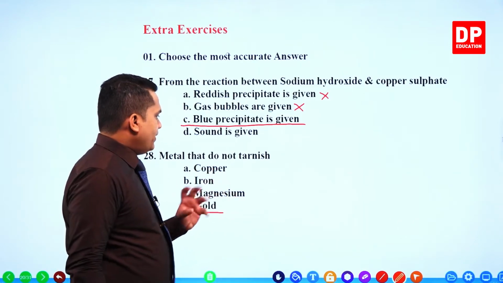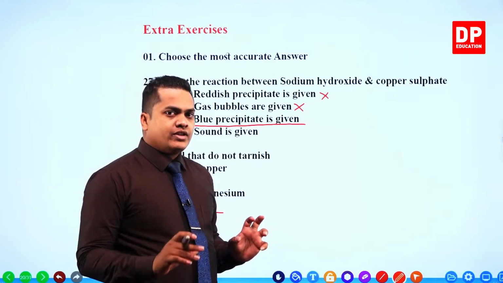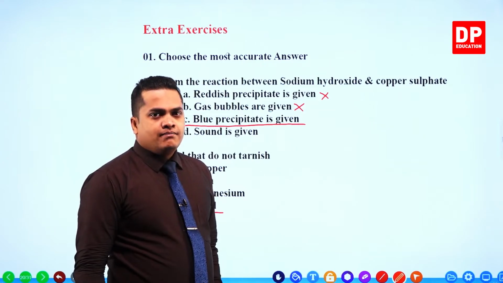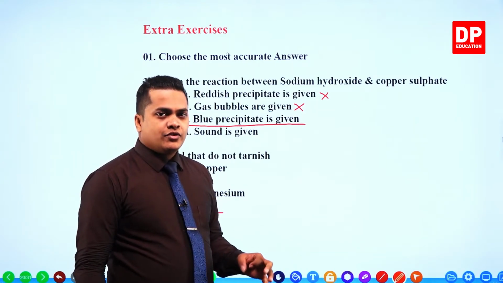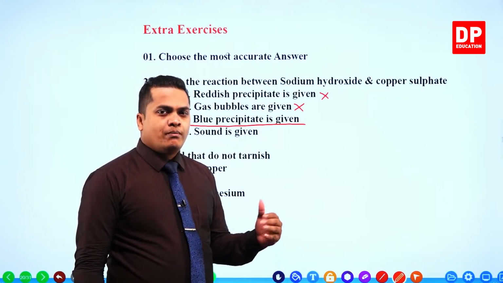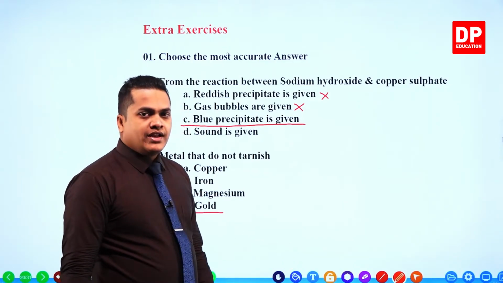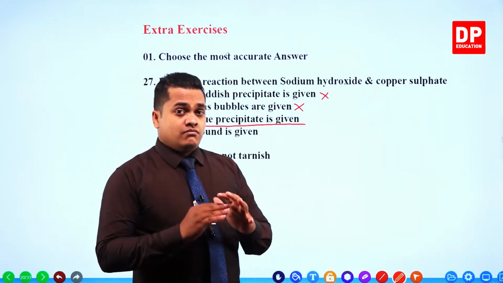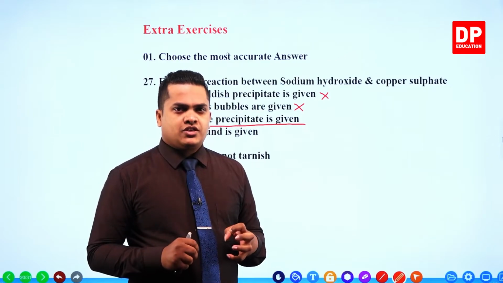If you take copper, as time passes, I told you that a green color material is going to tarnish the copper surface. So that's copper oxide. Iron, you know that iron oxide is going to form. Magnesium is going to react very quickly with oxygen.